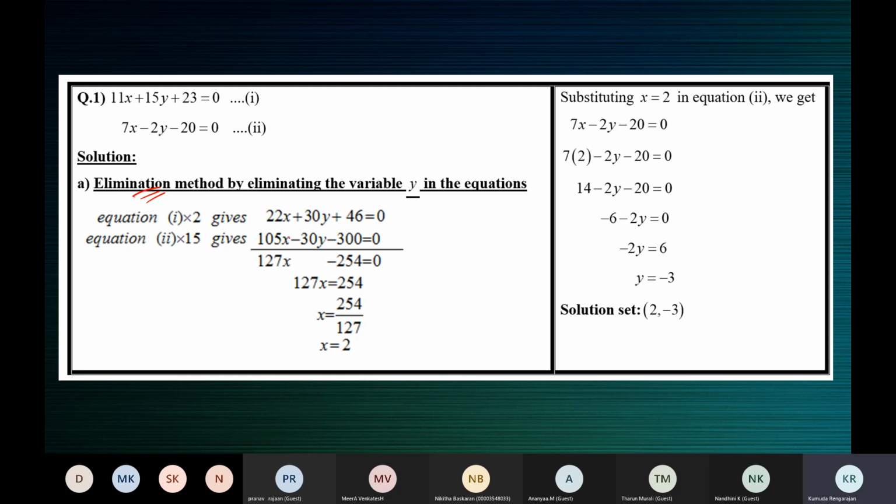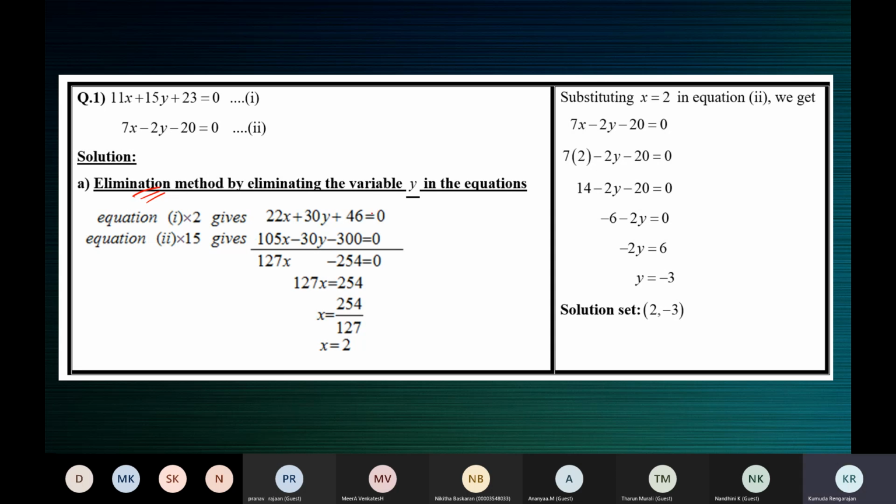Either you get rid of x and find the value of y, or you get rid of y and find the value of x. And then after finding x's value, you can find y's value, or after finding y's value, you can find x's value.